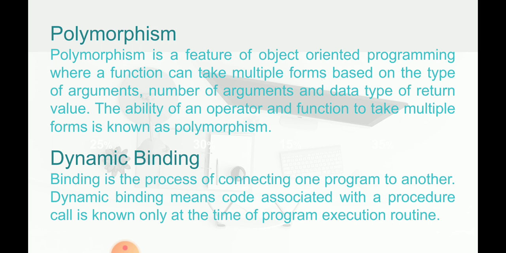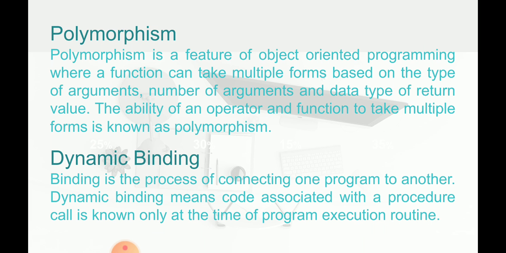That is, one function can have the same name but can be called many times with different arguments. Sometimes it will have the same name and no arguments, but it will be called by different objects of the class, or it will be inside an inherited class.